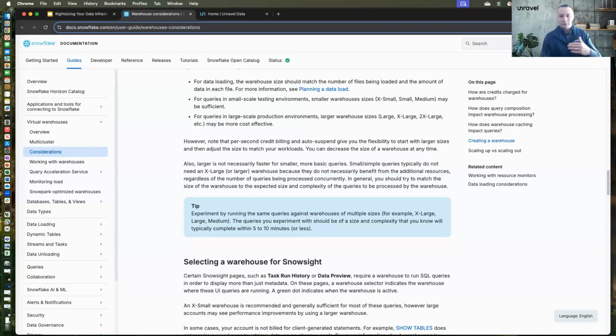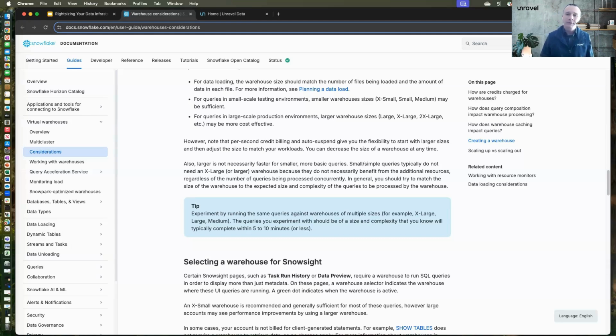All of that is great in an ideal scenario, but the reality is we sometimes don't have that luxury. We set things at the largest t-shirt size available to us to ensure that our app or query runs, doesn't fail, and we meet our SLAs.